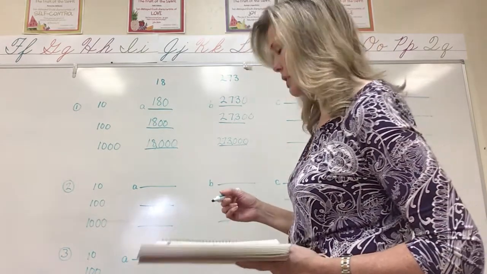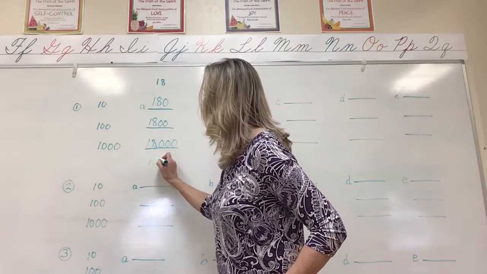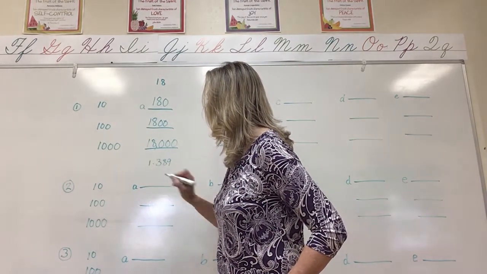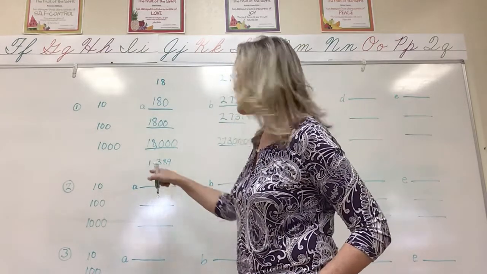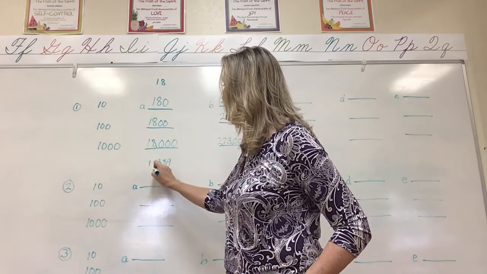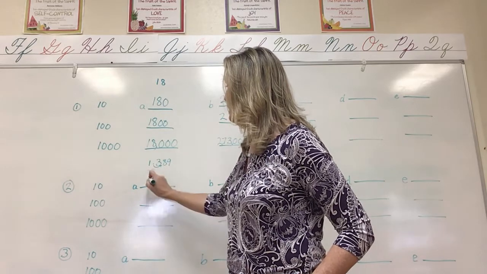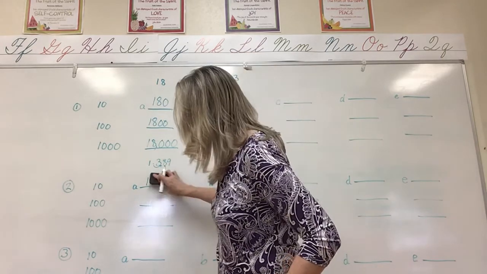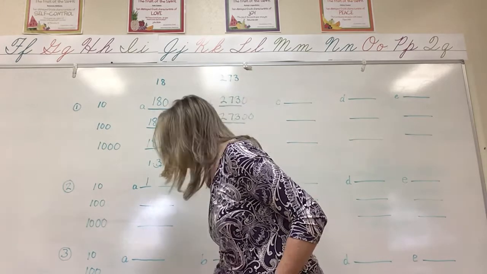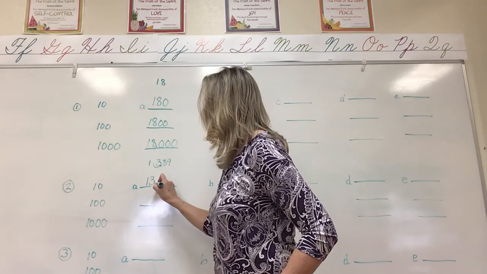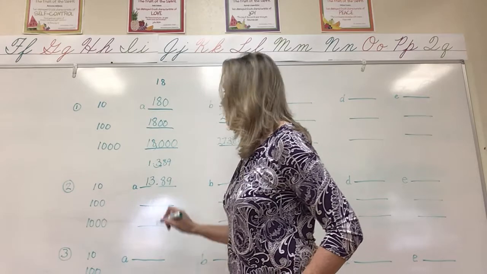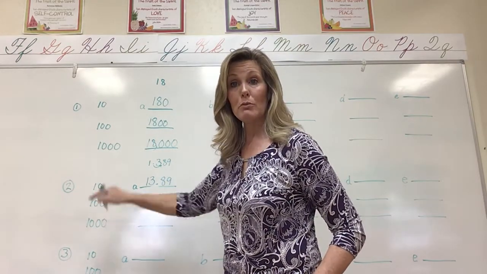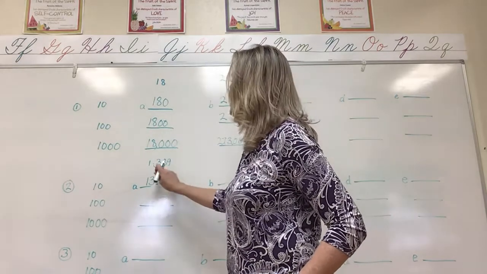So my first number is 1 and 389 thousandths. Okay, so on this one, if I move my decimal point 1 place, I get 1. No, I don't. Let's see, let's try that again. I get 13 and 89 hundredths. Then multiplying by 100, I have 2 zeros, so I'm going to move my decimal point 2 places.